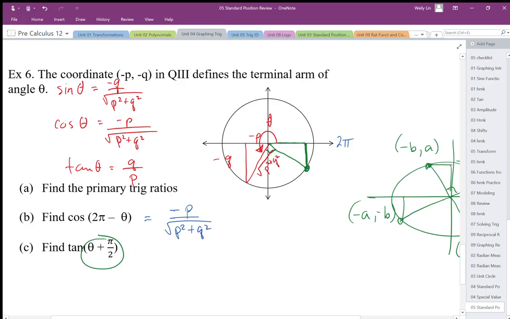That triangle is still the same triangle. It's going to go negative p down, and instead of going negative q, it's going to go positive q this way. So my vertical becomes horizontal, my horizontal becomes vertical, and my slope ratio becomes negative p over q. So we end up with a negative reciprocal slope when we rotate 90 degrees.